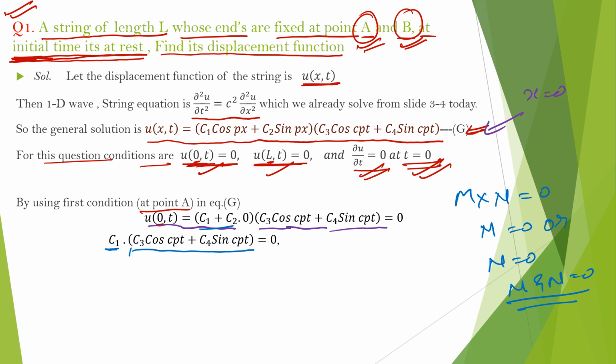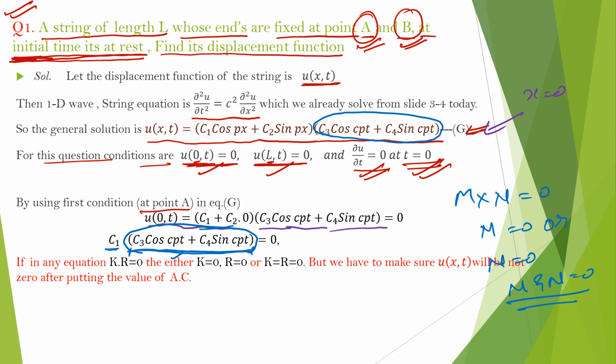You have to always remember this term is not changed with respect to the general solution. In our general solution, this term is exactly the same. So if we consider this term as 0 and we substitute this value in G, the solution will be 0. So the solution is never 0 in these types of problems. So we will have C1 is equal to 0.